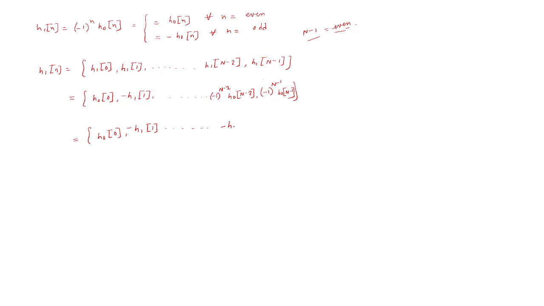This becomes minus h naught of n minus 2, since n minus 2 is odd, and this becomes h naught of n minus 1, and we can now write it in this manner: h naught of 0, minus h naught of 1, comma, minus h naught of 1. This is from the property of the impulse response of h naught of n itself, and this is h naught of 0.